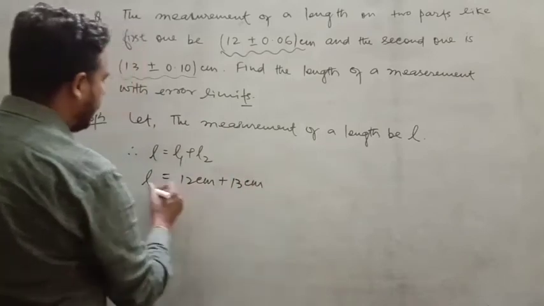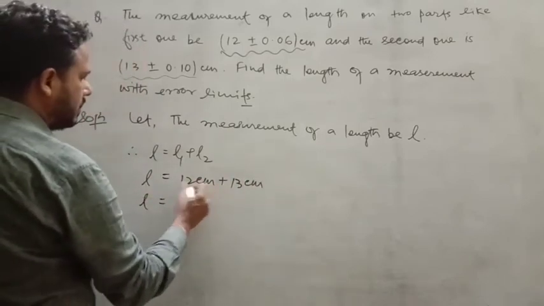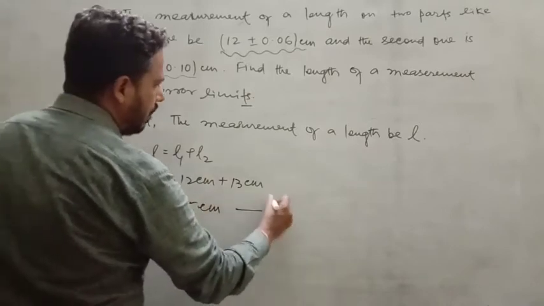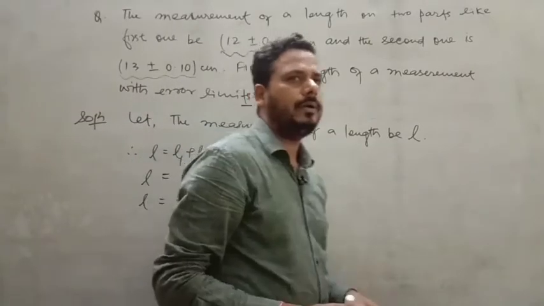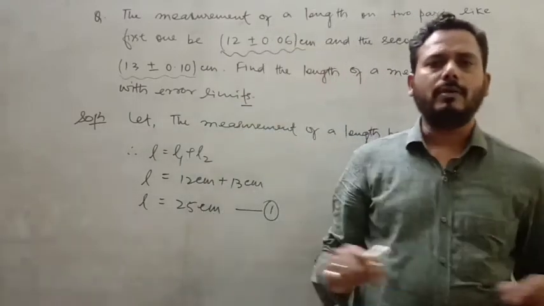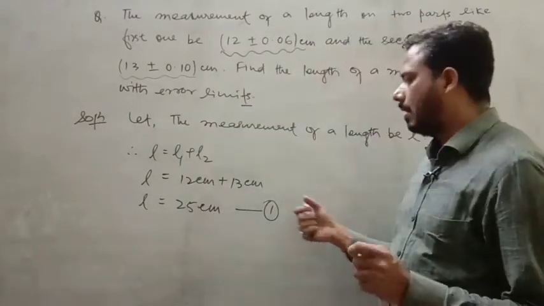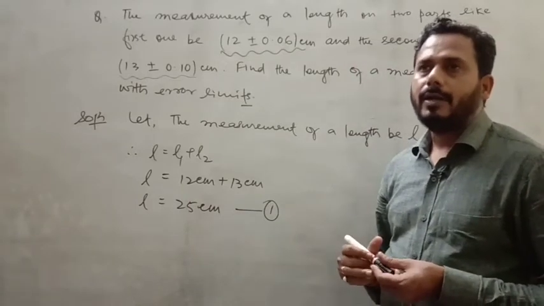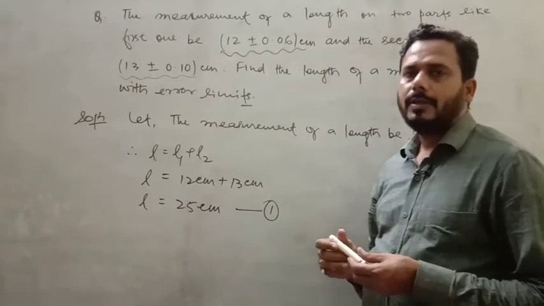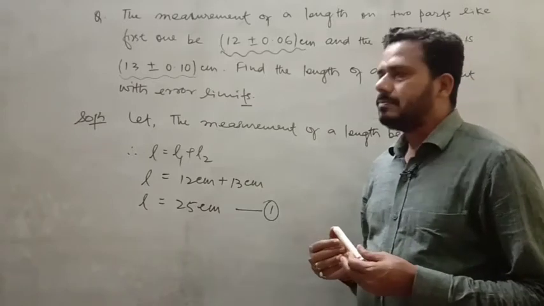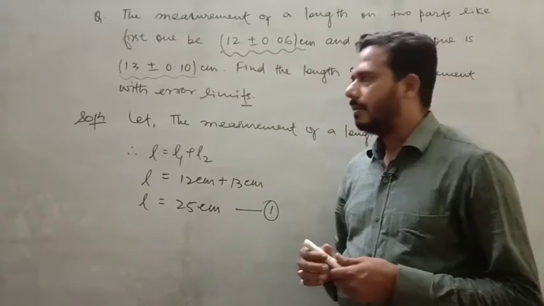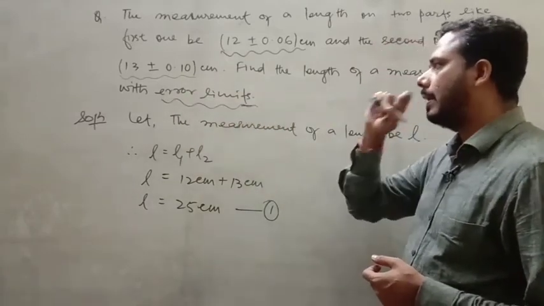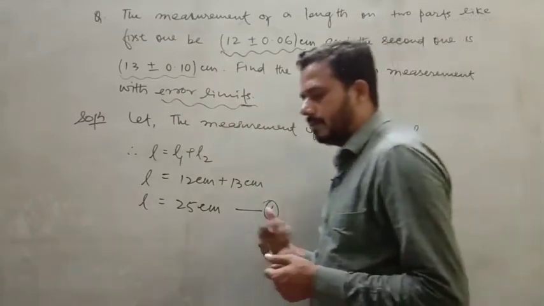Altogether you get your length, that is 25 centimeter. So you have calculated one part, the measurement of the length. Now you have to calculate its error, because you have to give the answer with error limits.